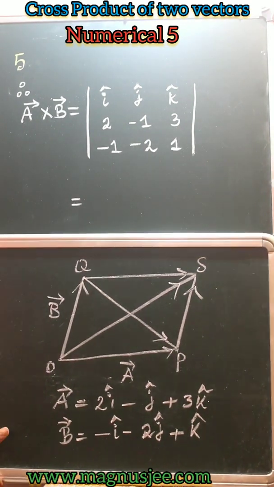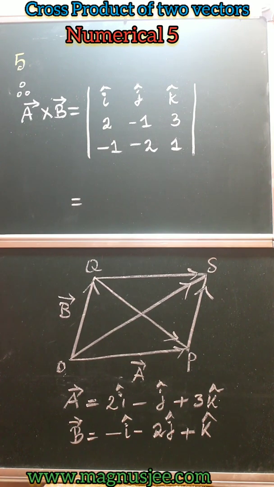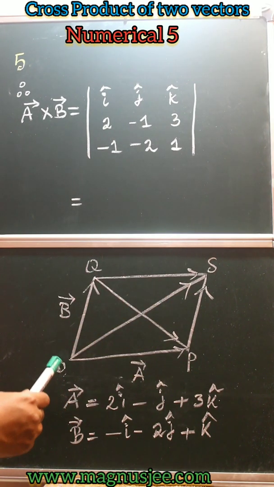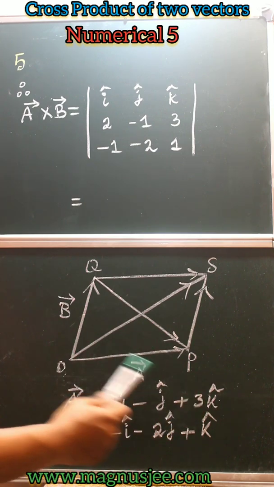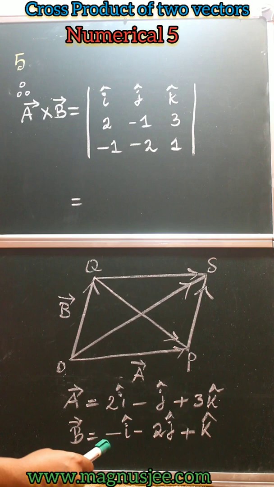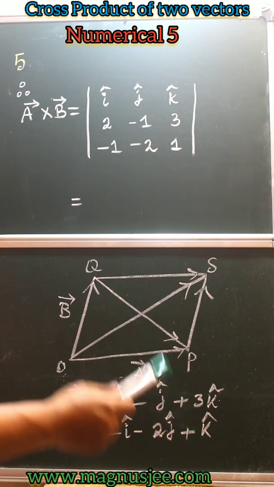So in this diagram, for this parallelogram OPSQ, vector A is 2i cap minus j cap plus 3k cap, and vector B is equal to minus i cap minus 2j cap plus k cap.